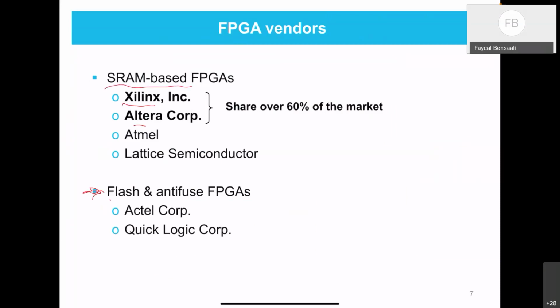We have SRAM-based, flash, and anti-fuse. Flash and anti-fuse are not used anymore. And of course, I'm not going to enter into details for this one because it's out of the scope of this course. The recent FPGAs are SRAM-based. So this is the technology used, and again, it's out of the scope to talk about this, and it will not benefit you at this stage.